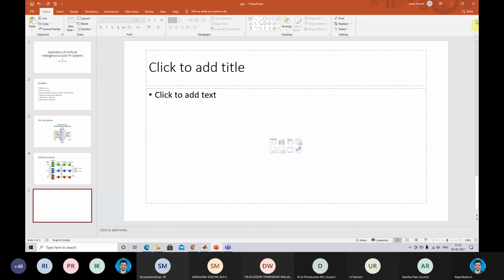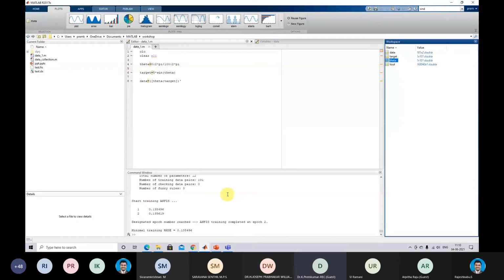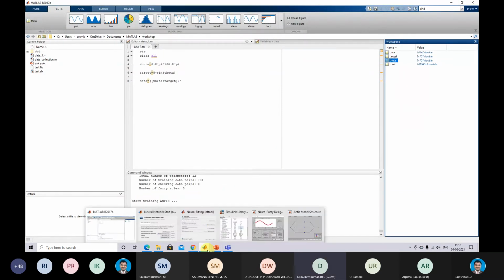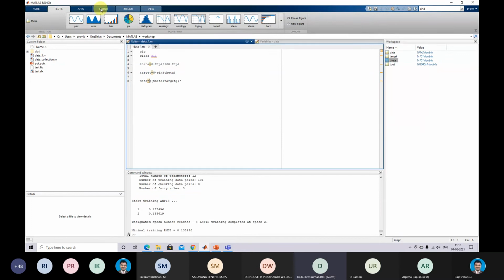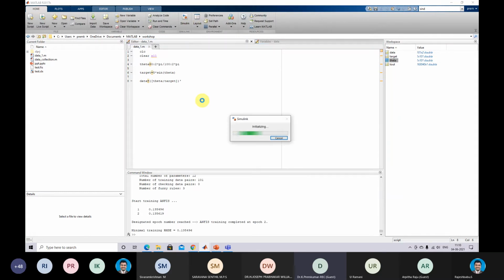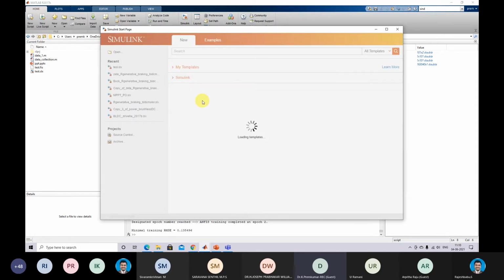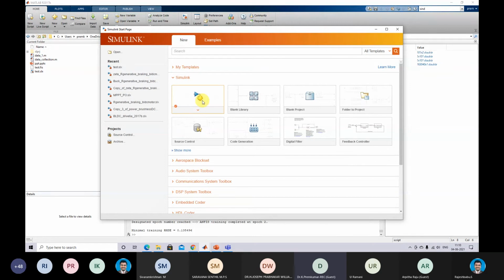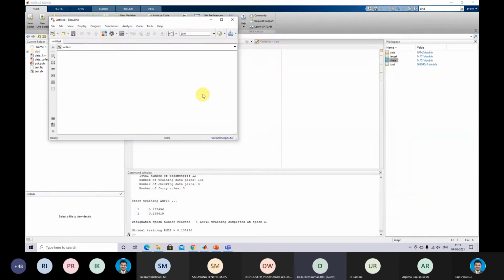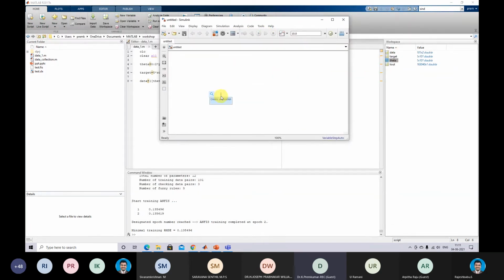Next, you have to see that in Matlab. So I'm going to take a solar PV panel.